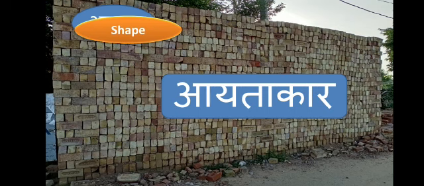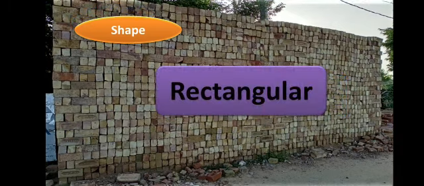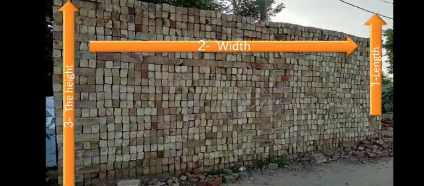Now it's time to know about the calculation of bricks. First of all, the brick stack is arranged in rectangular form, just like the shape of a brick. There are 3 dimensions in a brick stack, that is length, then the breadth or the width, and finally the height.